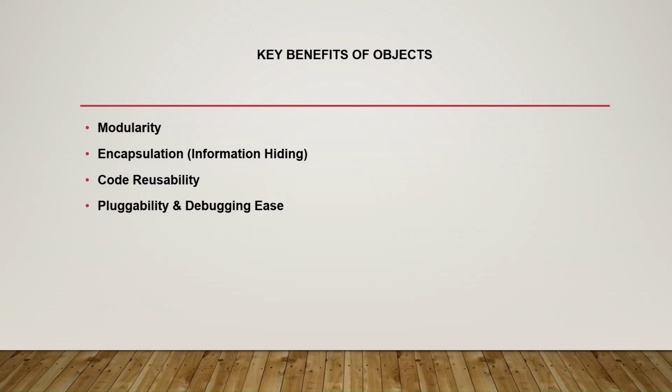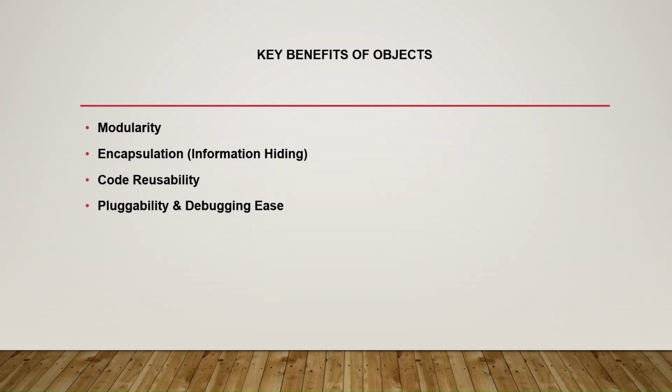Code reusability. Developers can leverage existing objects written by others, reducing redundancy and allowing specialized components to be tested and reused efficiently. Pluggability and debugging. Objects can be replaced or modified without disrupting the entire system.